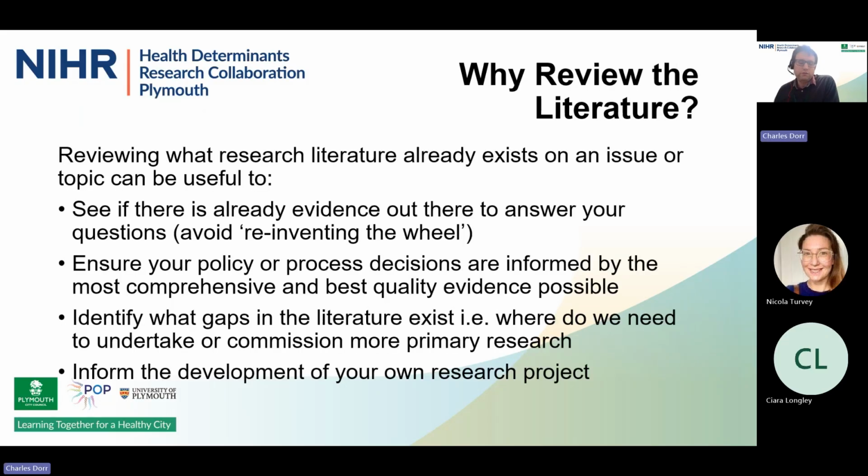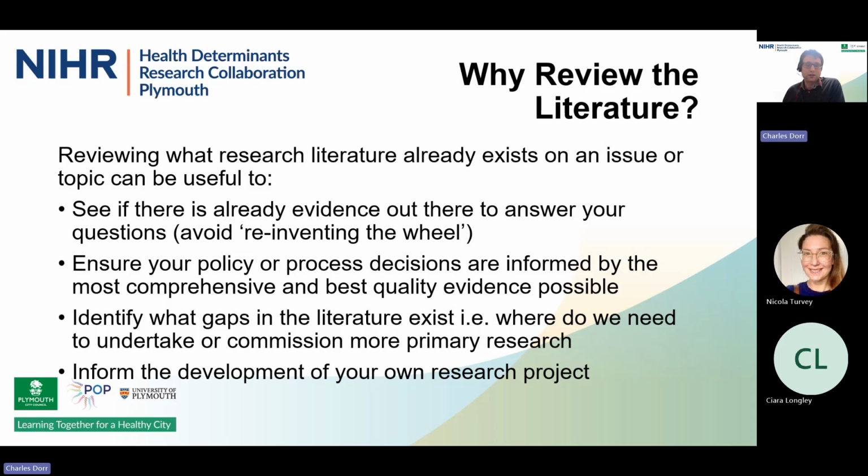So why review the literature? Why look at research literature? Why not just do a research study straight away? Well, it's important to look through what research already exists for a topic, if there's an area or issue that you're interested in, partly because an awful lot of research has been undertaken, and it's not always obvious or clear, even to academics, let alone to policymakers or practitioners in an area, what research has already been carried out.